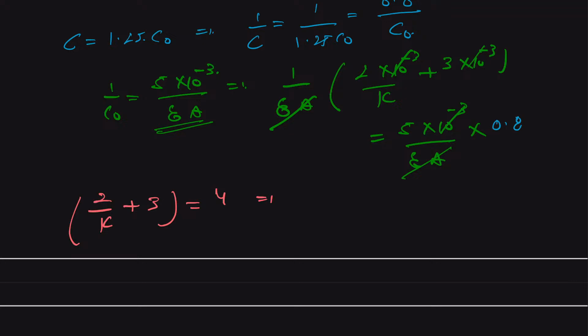Therefore, we get 2 upon K is equal to 1, or we can say that the value of K is equal to 2. So this is the value of our dielectric constant.